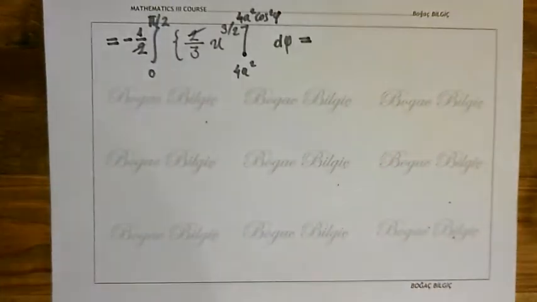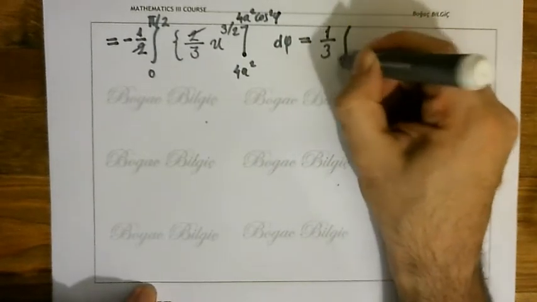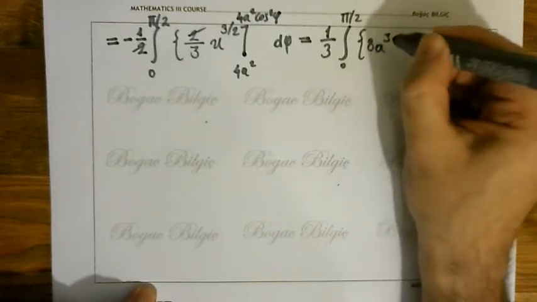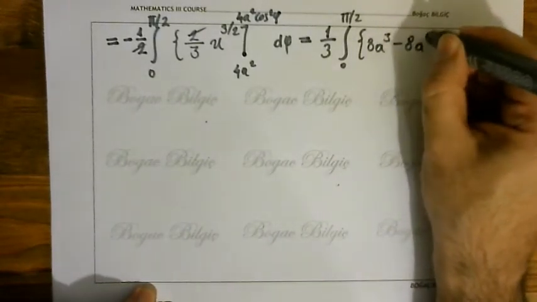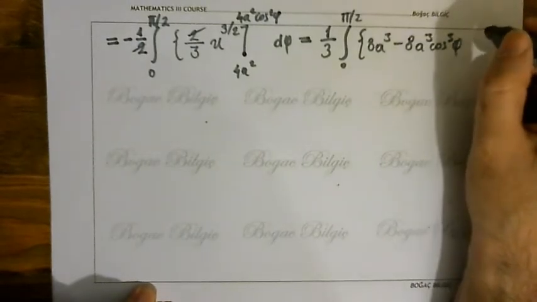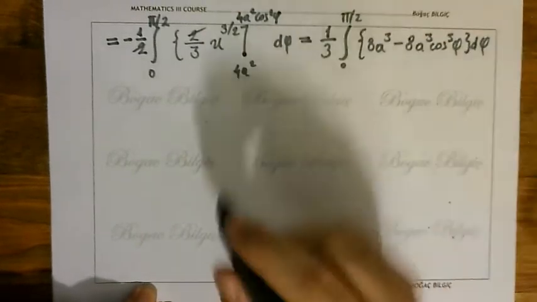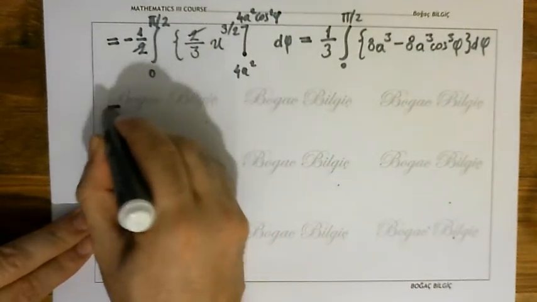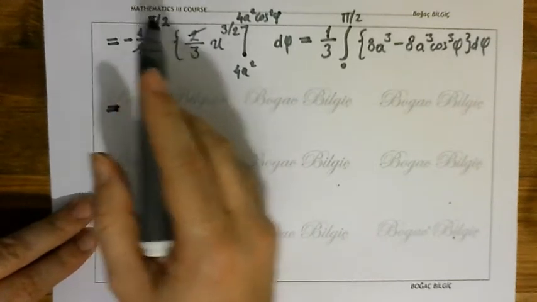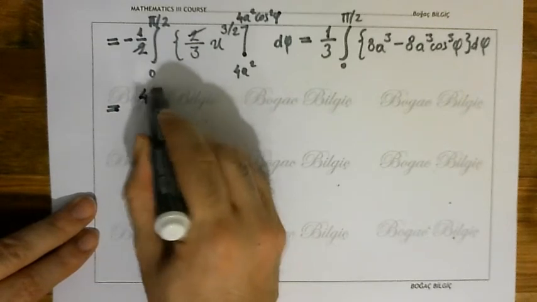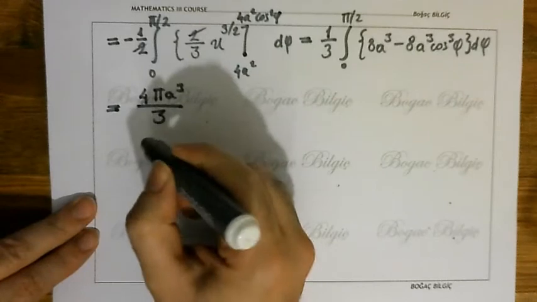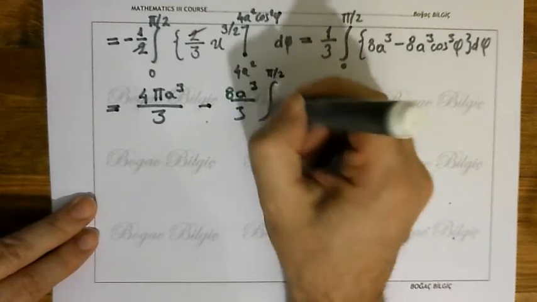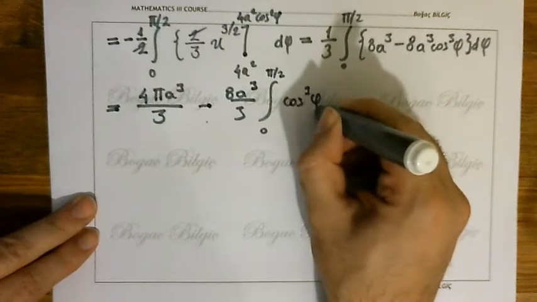And this, so 1/3 from 0 to π/2, 8a³ minus 8a³ cos³ φ dφ, and then this is equal to 4πa³/3 minus 8a³/3 from 0 to π/2 cos³ φ dφ.